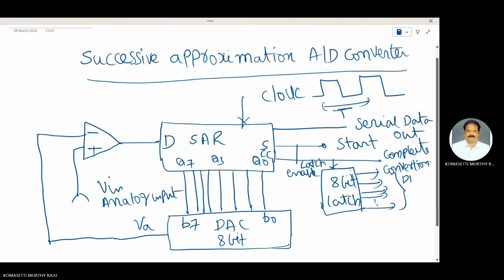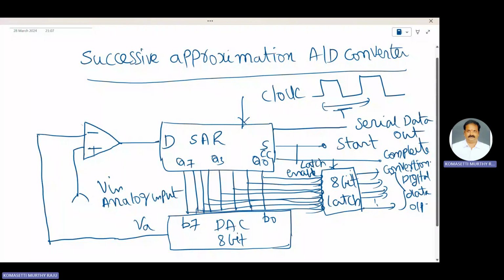Digital data output. Connections are like that: 3, 4, 5, 6, 7, and last one more is 8. This is the block diagram of the successive approximation analog to digital converter.